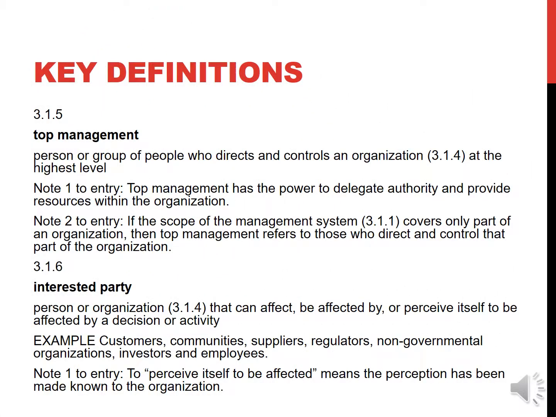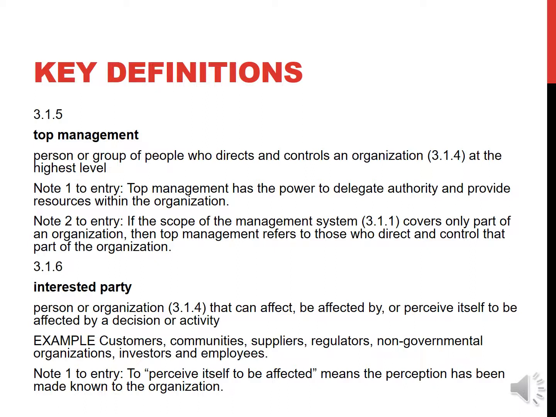Top management is defined as a person or group of people who directs and controls an organization at the highest level. In most organizations, this is what we would consider to be the leadership, because top management has the power to delegate authority, provide resources. And there's an interesting note, note 2, because if the scope of the management system covers only part of an organization, then top management refers to those who direct and control that part of the organization.